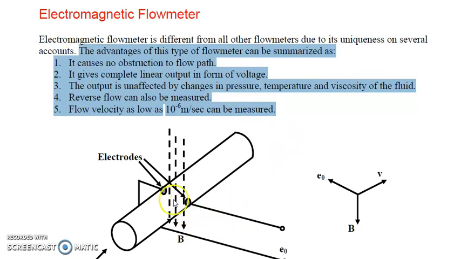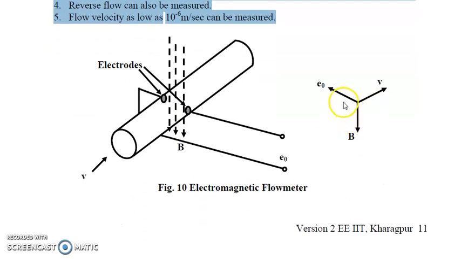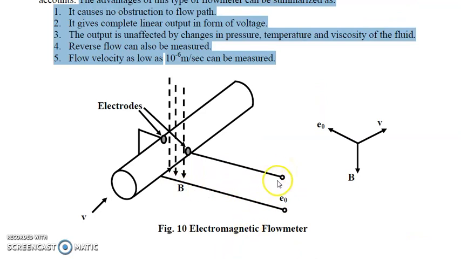And this is the cutaway view. This is the cutaway view which is shown here, and here are the directions. These are the two electrodes. This is one electrode with a terminal connected here, and this is the other electrode which has a connected terminal, this one. And across these two terminals, we are measuring the induced voltage. Okay?